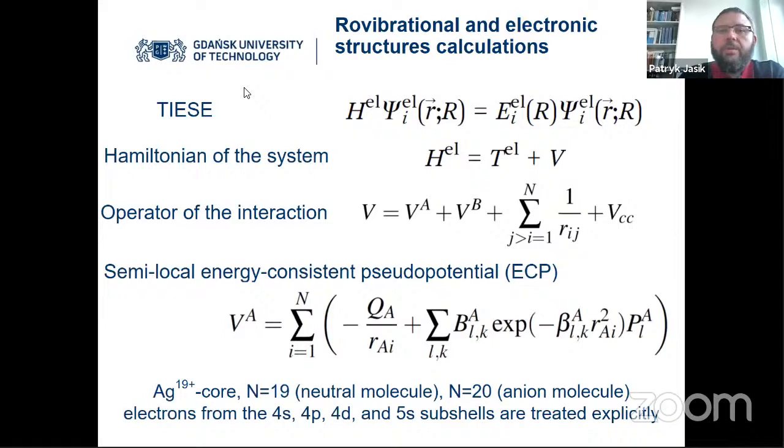We have to solve the time-independent electronic Schrödinger equation with pseudopotentials, which are described by this equation. In our calculation, we used a small-core pseudopotential. It means that we have to treat explicitly 19 electrons for the neutral molecule and 20 for the anion molecule.